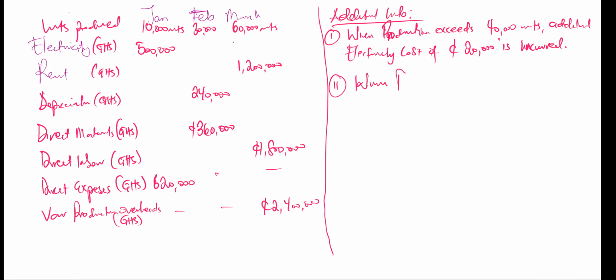When production exceeds 50,000 units, now let's say 20,000 units, rent cost increases by 50,000 cedis. Let's give you basic examples.